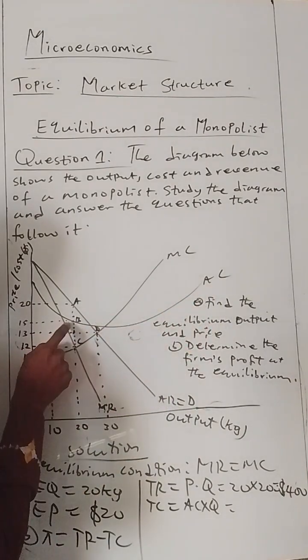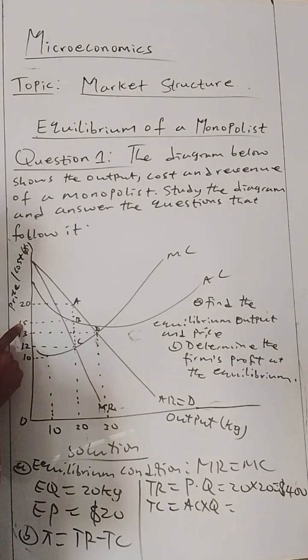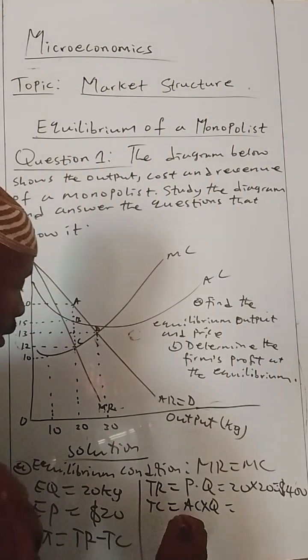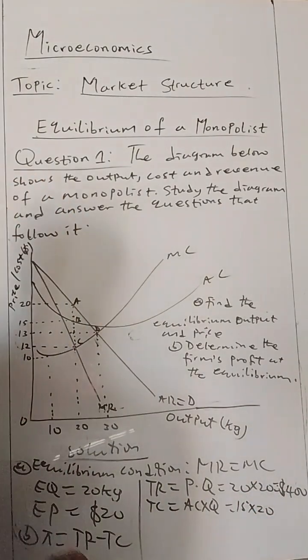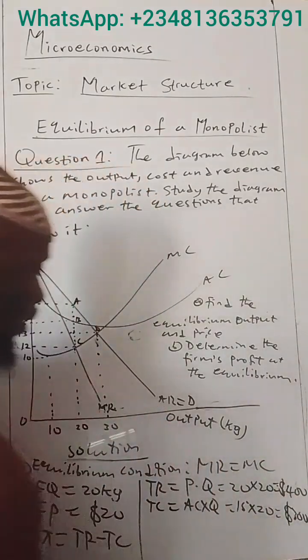This is the AC curve. It touches at point B. We trace it to the cost axis here. We have 15. Meaning that our AC is equal to 15. Then multiply by 20. This is equal to 300 US dollars.